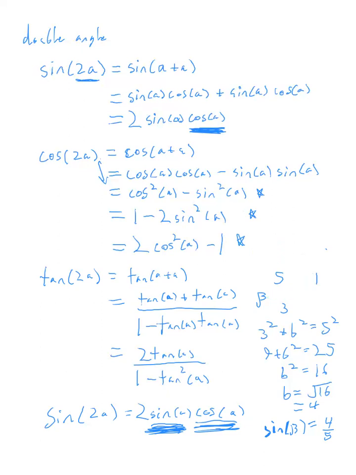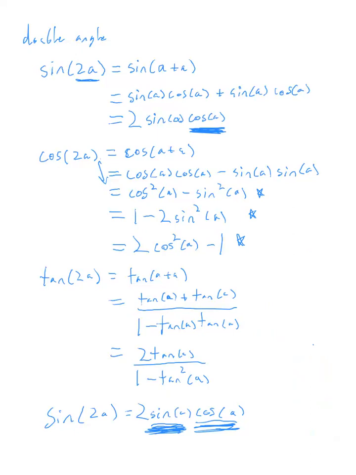Interesting. All right. So if I wanted you to find the double angle for cosine, and we have a question like this: find cosine of 2 theta if sine of theta is equal to 2/3.